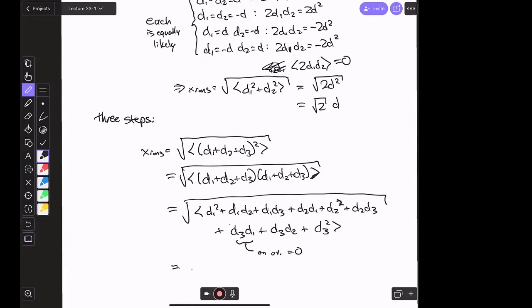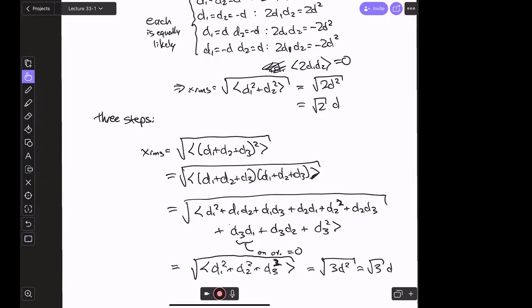So putting this all together, this is the square root of the average of just D1 squared plus D2 squared plus D3 squared. So that's the square root of 3D squared, which is root 3 D. So this is not exactly a rigorous mathematical proof, but I think you can see the pattern.